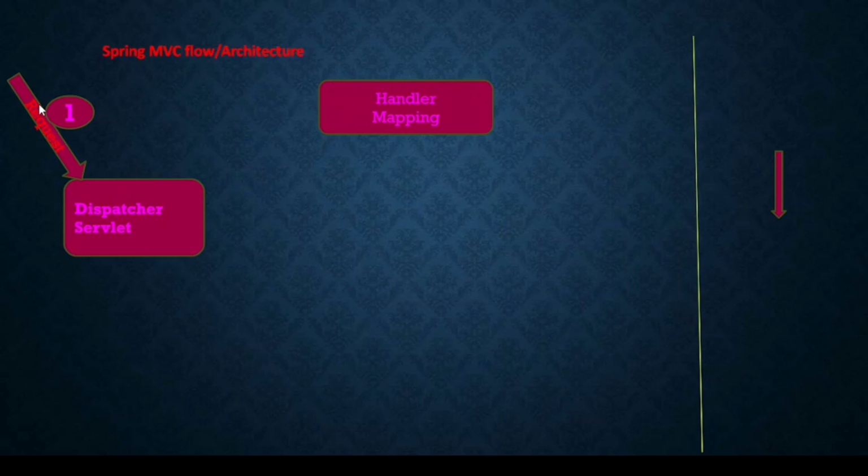Once the request is sent by the client or the user, it will be intercepted by the dispatcher servlet. From the dispatcher servlet, with the help of handler mapping, where all the configuration is, the request goes on. In a typical web application there can be many controllers, not just a single one.